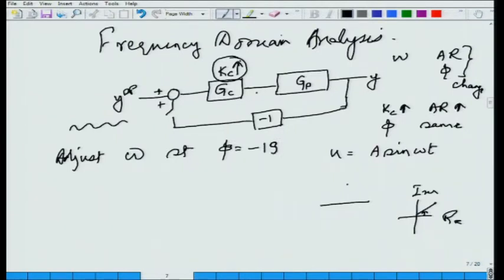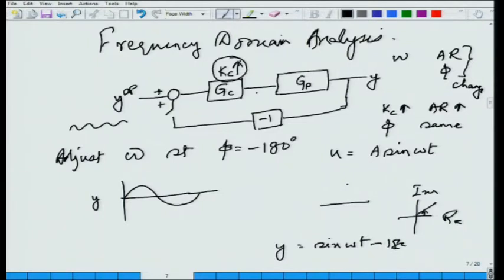If this is a sine, I am drawing y as a sine wave that goes like this. Then if the phase lag is minus 180 degrees, y would be sine of omega t minus 180 degrees, with some factor b.